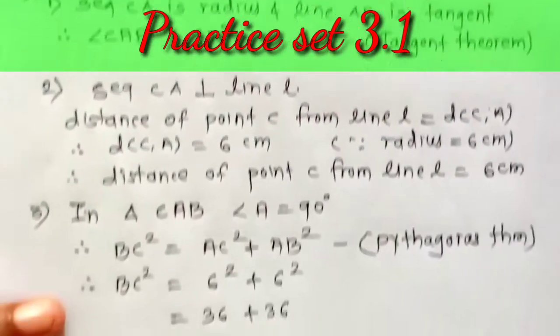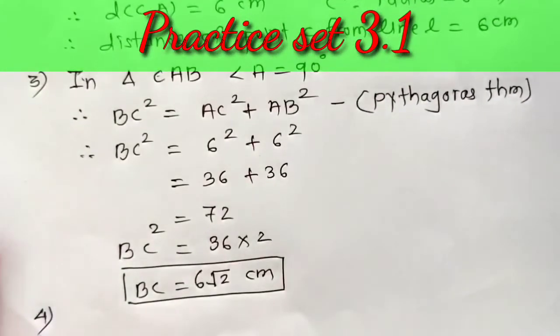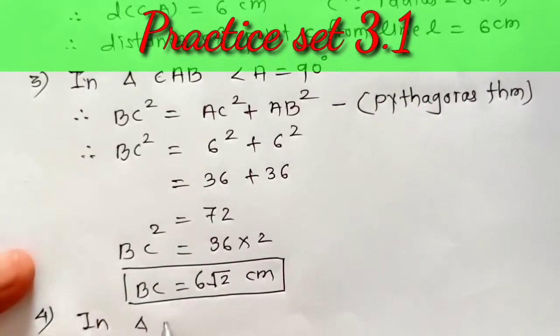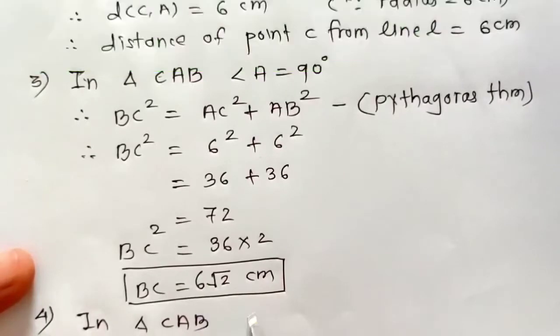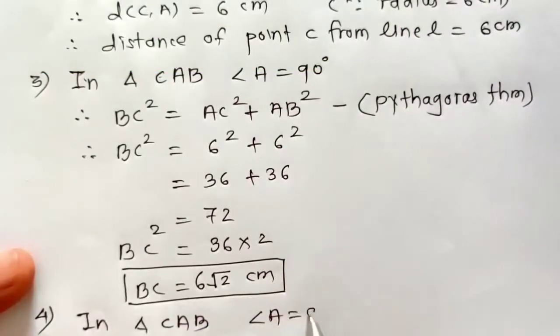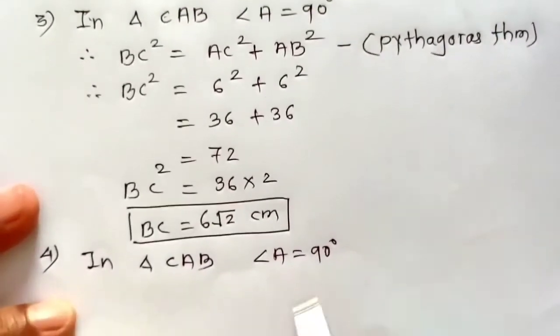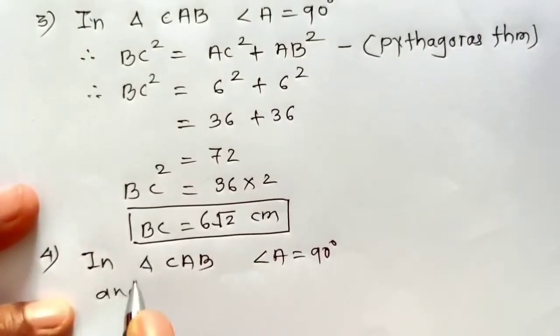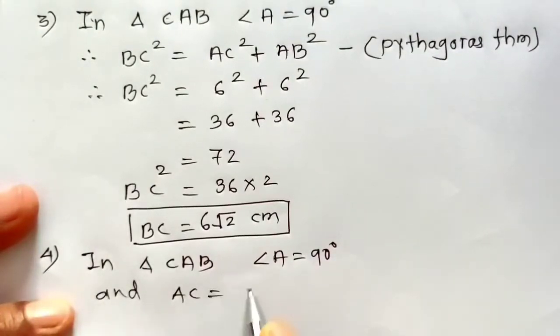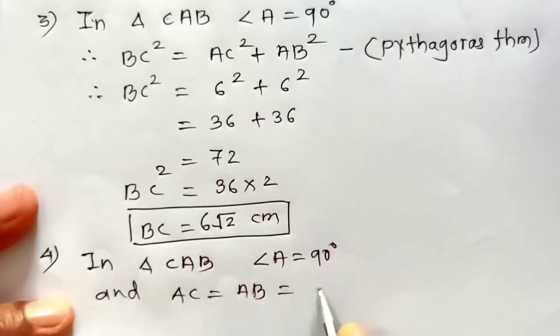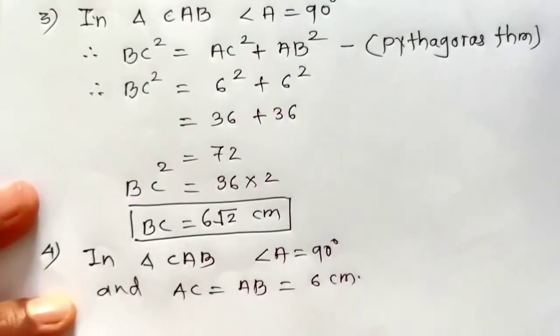So in this way we can write: in triangle CAB, angle A is equal to 90 degree and AC is equal to AB is equal to 6 centimeter.